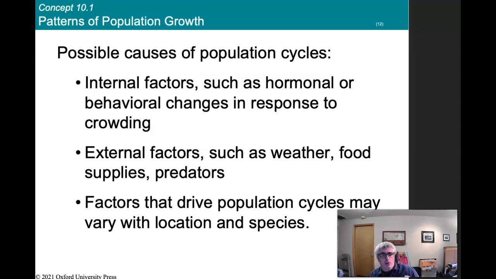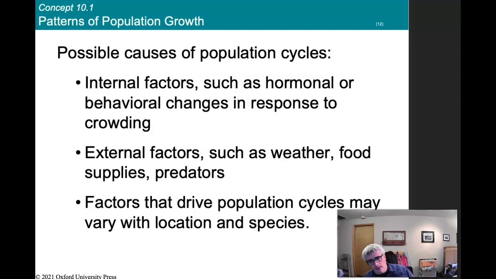There can be a hormonal or behavioral change to kind of preemptively switch to having 1 or 2 well cared for offspring, as opposed to 5 or 10 offspring that you're likely not going to be able to care for, because while there's a lot of you, there's a high food limitation.